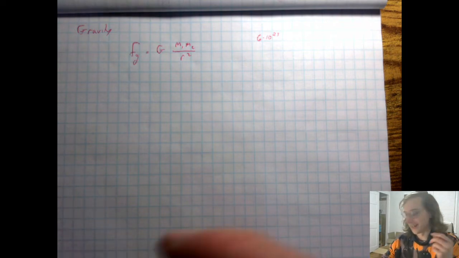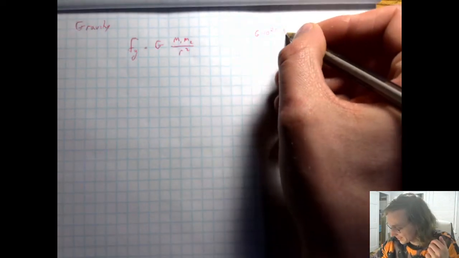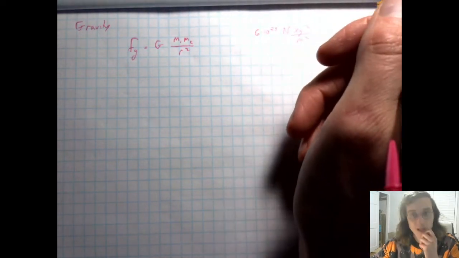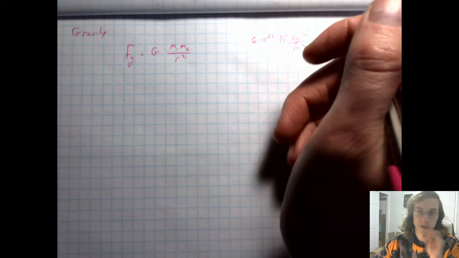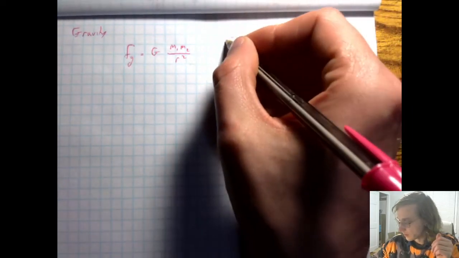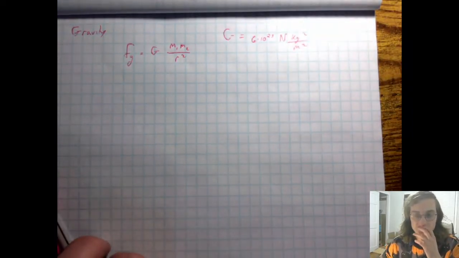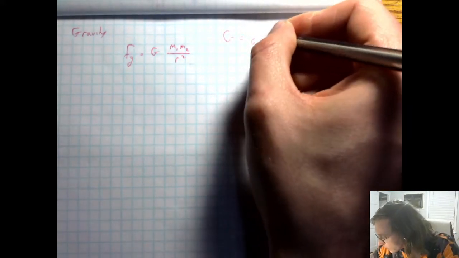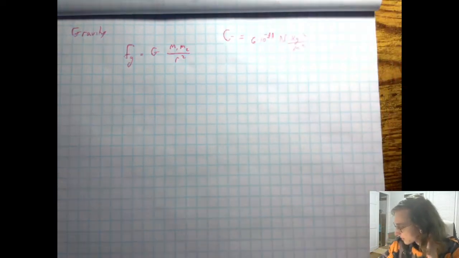It's a fixed number in Newton kilograms squared per meter squared. That one is on the equation sheet, and thankfully you can just look that up. I'm gonna need that for all the examples. Okay, 6 times 10 to the negative 11th. Not even close. I believe that's like the mass of the Earth.